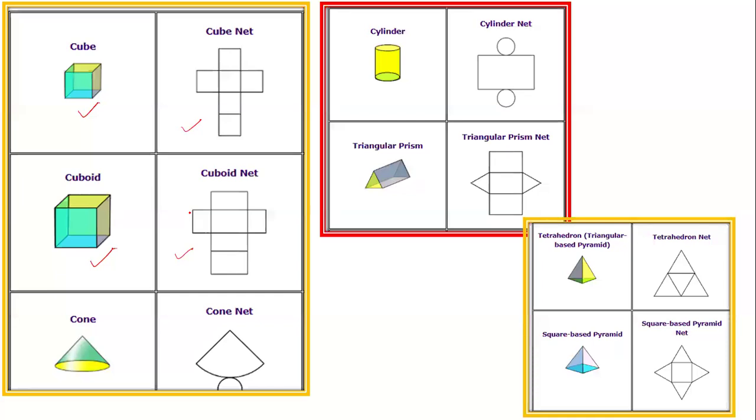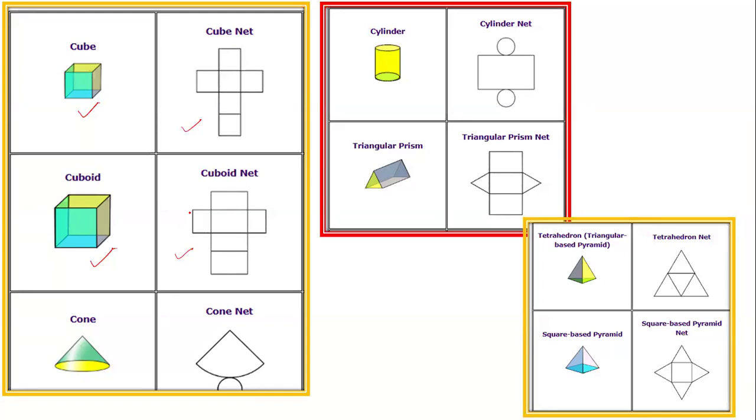Now, for each of the figures we have, you must know how the net looks. Because when I was going through one of the mock papers, I noticed that they gave them a net and they wanted them to draw an isometric diagram of the final figure, how it looks in 3D format.